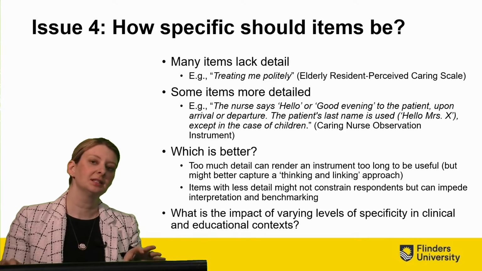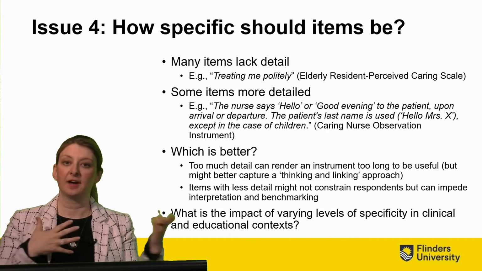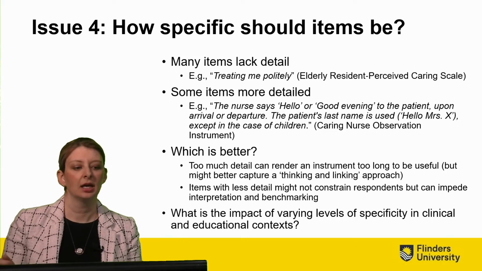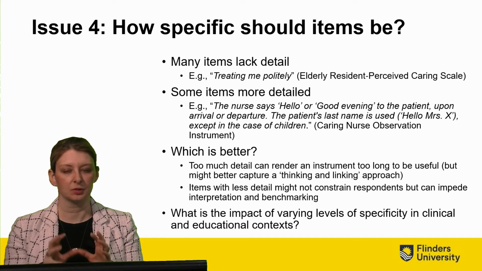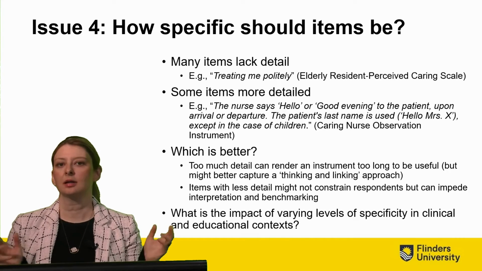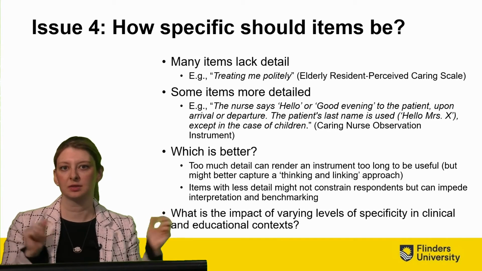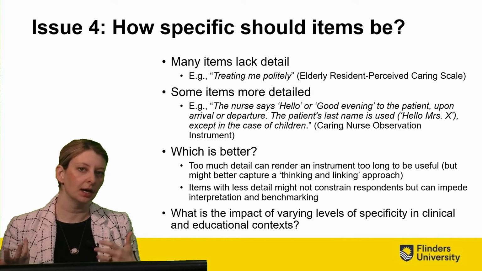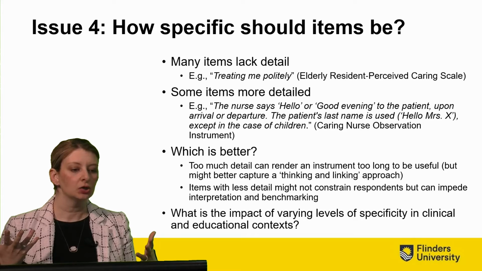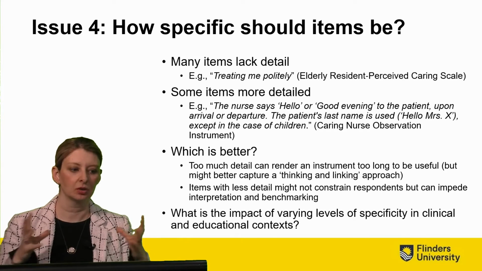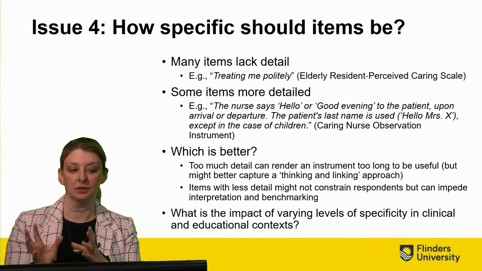We also have to consider that items which seem vague or open to interpretation can be advantageous because they don't constrain respondents. So think of an item such as "the nurse respects me." So people will likely perceive different actions as constitutive of respect, so it might not be possible to capture all of those different variances in a measurement instrument.